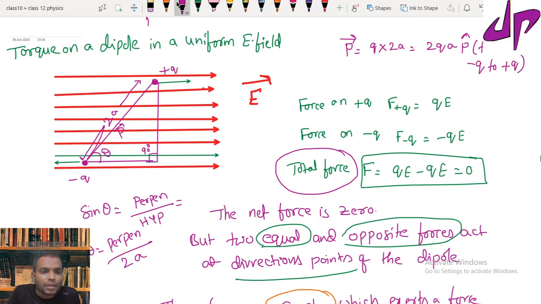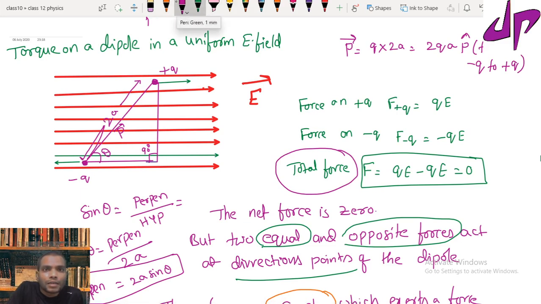So I got it here: perpendicular distance equal to 2a sin theta. So this is the perpendicular distance.